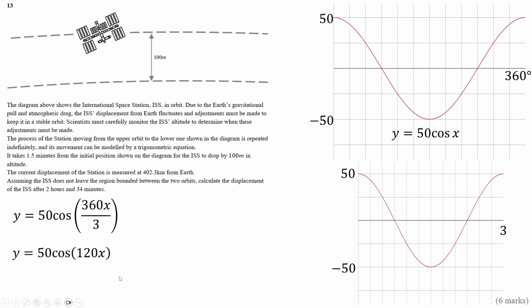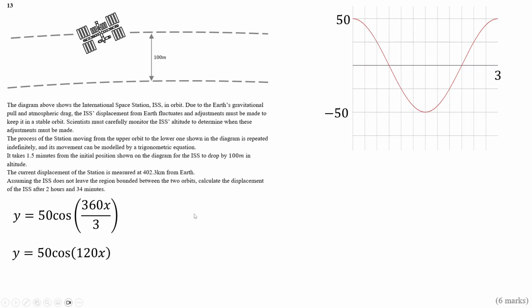Okay, and now how does this help us? Like, what can we do with this piece of information? If we think, okay, well, the x, we're imagining the x coordinate as being the time, because we're repeating every 3 minutes, so this here, it goes across in minutes. Okay, and we want what the y value is after 2 hours and 34 minutes.